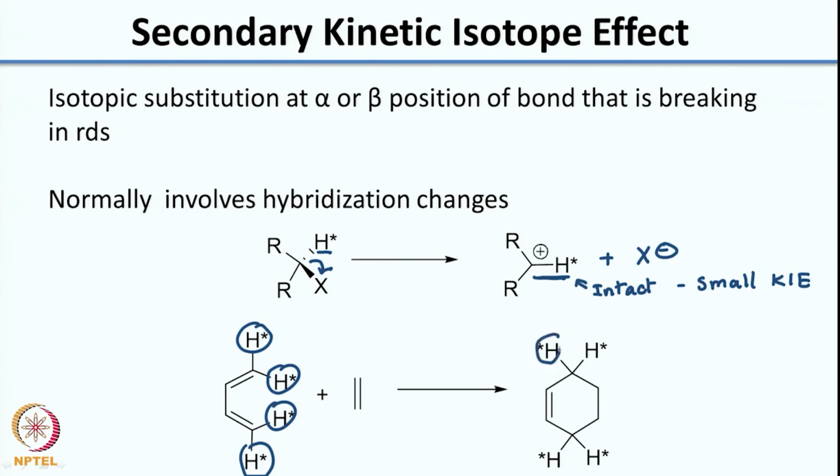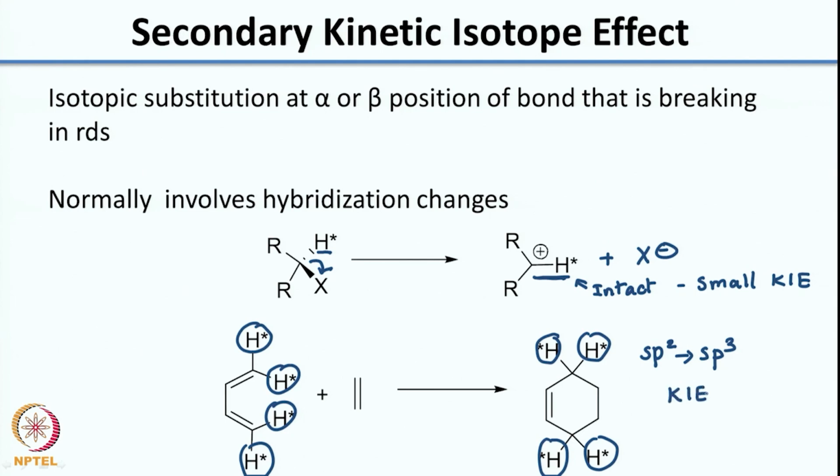So, in the product you have the hydrogens with the bond still intact, but here you have a change from sp2 to sp3. So, there is a hybridization change, and what is observed is that this also leads to a kinetic isotope effect.